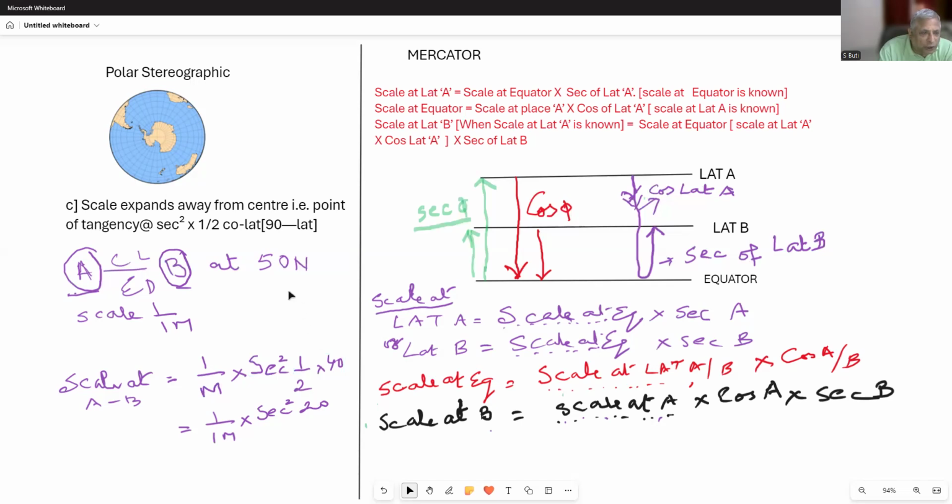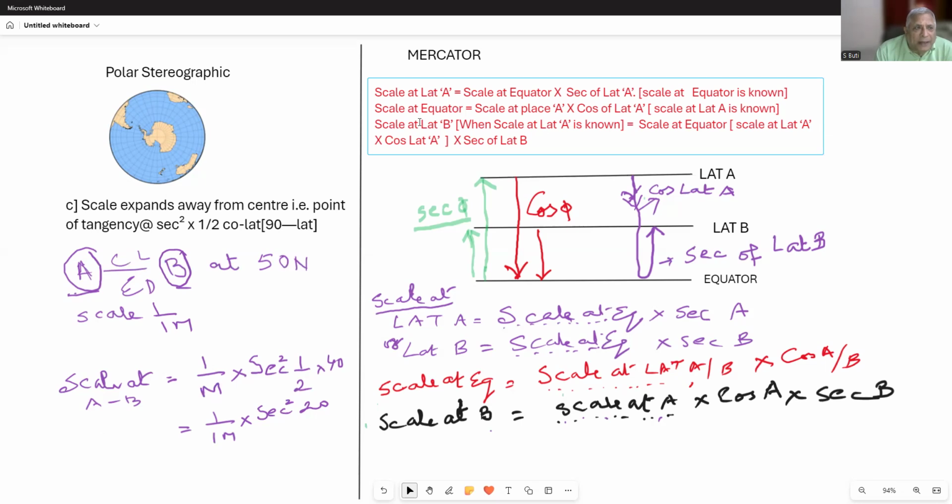Co-latitude will be 40, and secant square 20. This will be the scale, and now it is equal to chart length by Earth distance. Use this scale. Chart length is given to you, find out Earth distance. We have done it in the last lesson. If Earth distance is given to you, you can find out the length on the chart in inches or centimeters. We have done a few questions in our last lesson.